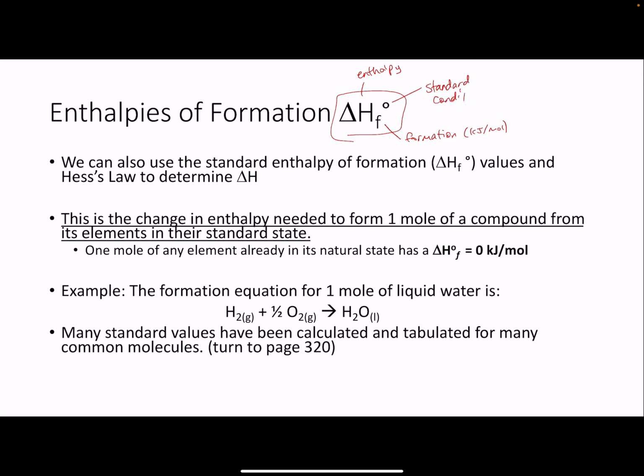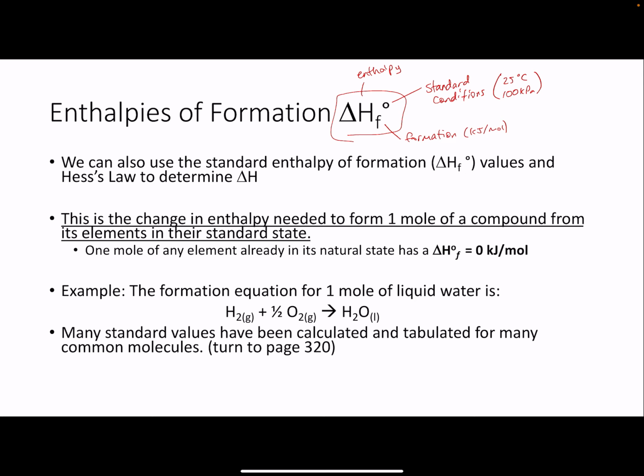We learned about standard conditions in an earlier course, grade 11 chemistry. Standard conditions are generally 25 degrees Celsius and 100 kilopascals atmospheric pressure. Those won't factor into our reactions, but just to understand how they were determined in the first place.